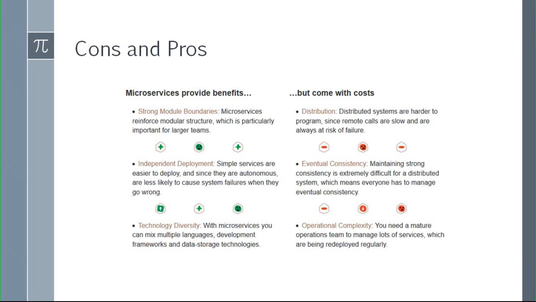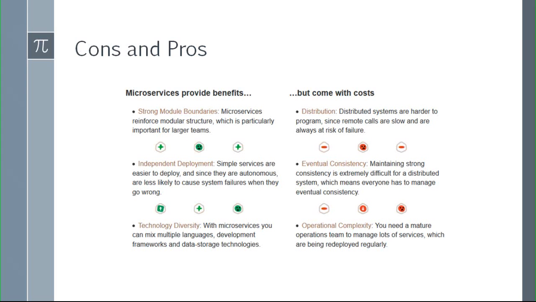Sometimes one service may be down and you don't have access to it. So this is related to the distribution problem of microservice architecture.